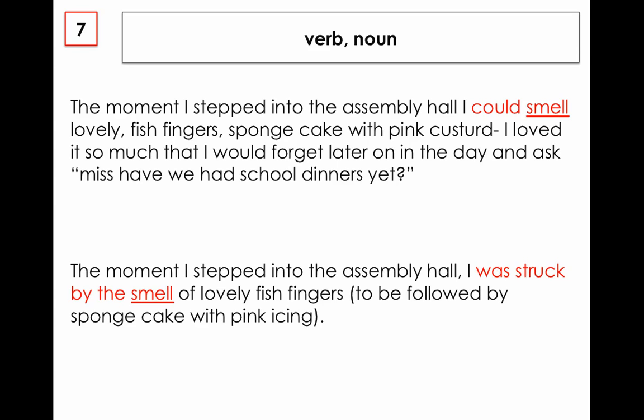I was able to smell, I could smell. Whereas in the second sentence, what we've got is I was struck by, and then you have a thing, right? I was struck by a hammer on my head. I was struck by the smell. It's not being used as a verb anymore, but as a noun in the second sentence.